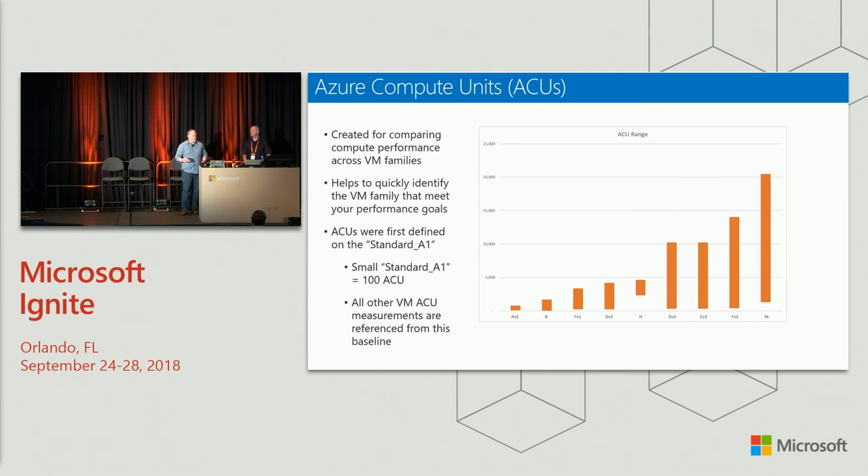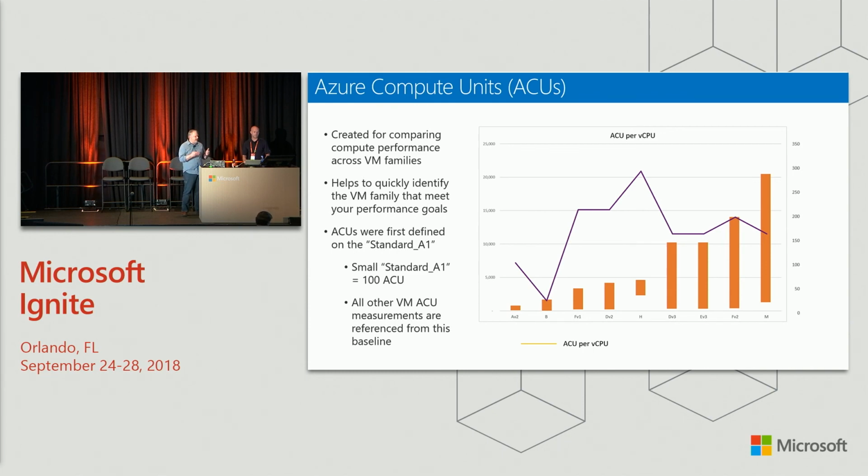So the M series, the full size, can actually be more powerful than the F series, even though the F series is slightly faster. A nice way to look at that is the difference on a per vCPU basis, what we call the ACUs per vCPU.